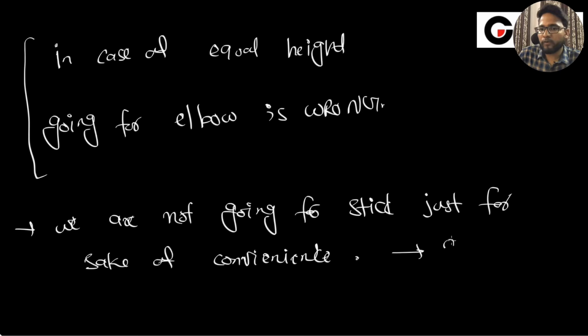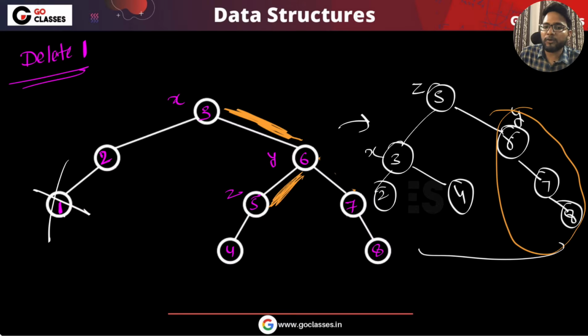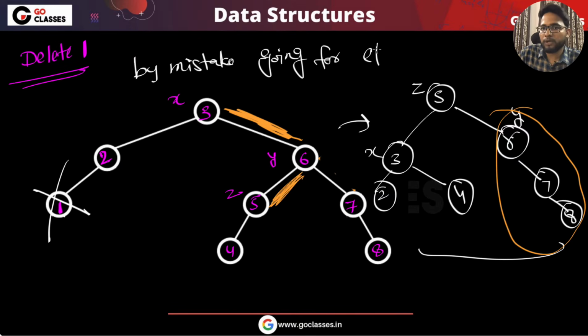Going for elbow is actually wrong. Okay, I hope that is clear to everyone. We are not just saying that for the convenience you go for the stick. No, if you go for the elbow, it is wrong. By mistake, if you go for elbow in case of equal height.